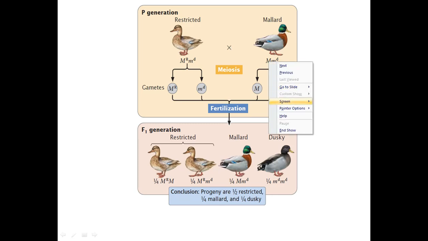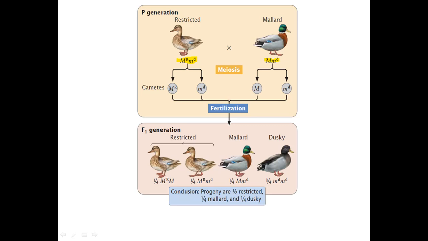I will need just the pointer option, the highlighter option. So capital M R is in a heterozygous condition with small m D, because restricted is dominant over all the other two alleles, while the mallard M allele is dominant over MD.